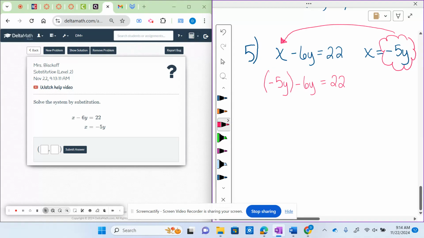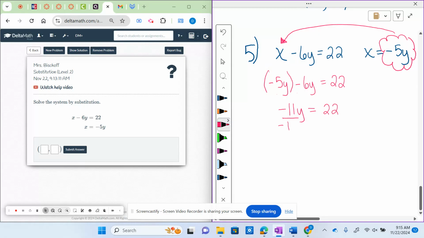What is a negative 5y and a negative 6y? Also 30y. We are not multiplying. That's a subtraction sign. It's negative 11y. We're not multiplying, we're adding. Same signs, add and keep. Equals 22. What am I going to do next?